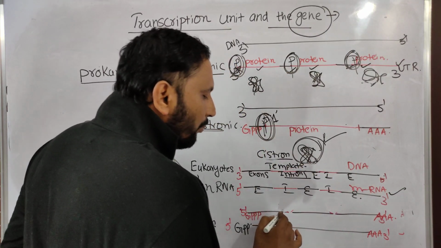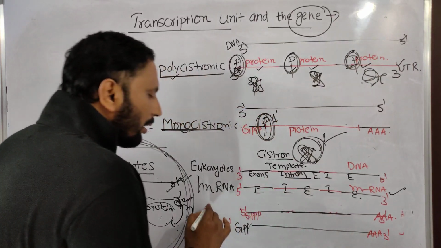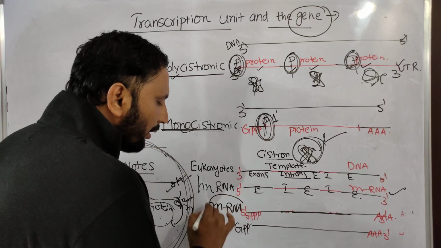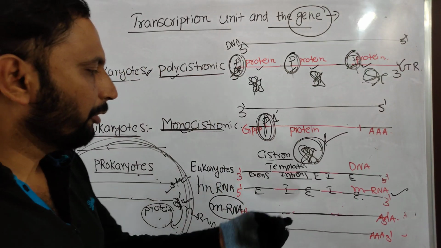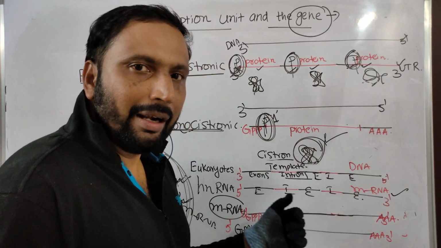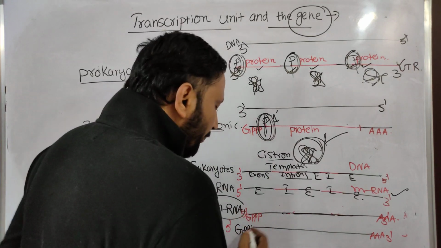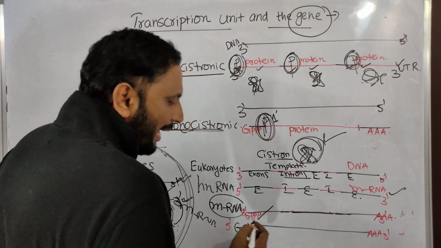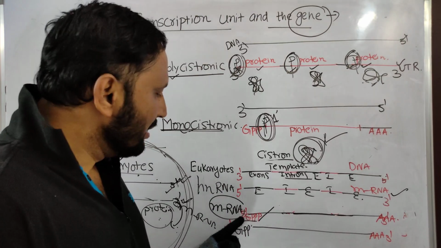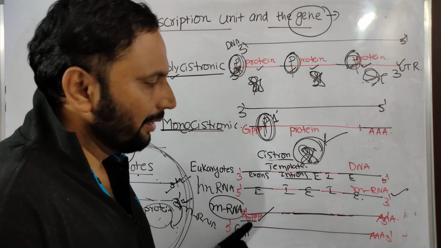When the introns are removed, all exons bind together to form a complete mRNA. Now the mRNA is forming after removal of introns. Not only splicing; there are two more steps. Look here: capping. Capping means that, especially at the 5 prime end, guanine triphosphate is added.